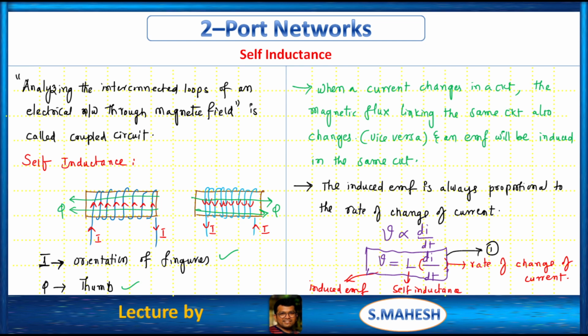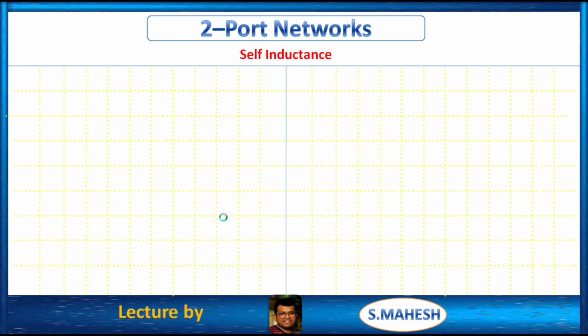If the amount of current changes in one circuit, then the corresponding flux changes in another circuit. Therefore an EMF will be induced in the other circuit. So current changes in one circuit, but an EMF will be induced in the other circuit. That is called mutual inductance. Now we have to discuss that mutual inductance.